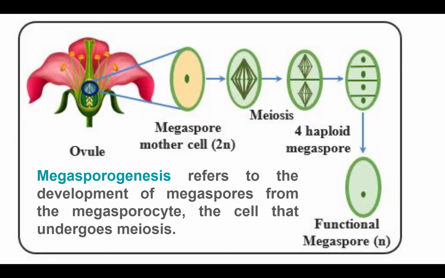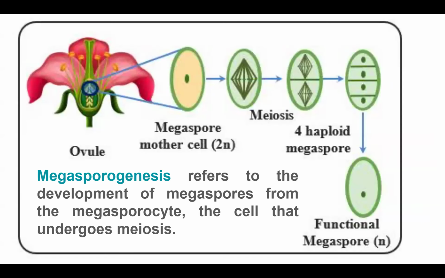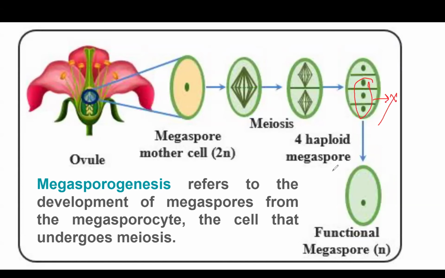Inside the ovule, as I showed you previously, there is a megaspore mother cell at the center. It undergoes two consecutive meioses and forms four haploid megaspores. Three of these megaspores degenerate, and I find a single functional megaspore.